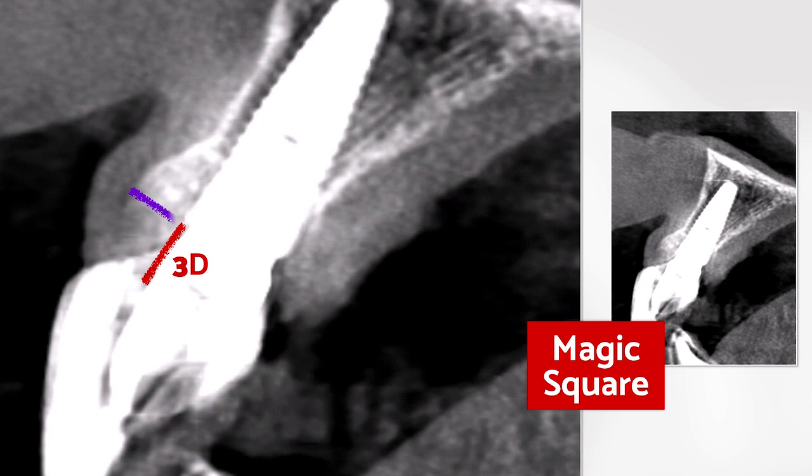The second, the thickness of the new buccal bone wall, is around 3 millimeters. The coronal-apical position of the implant should be 3 millimeters in the apical direction. And the thickness of the soft tissue must be equal to or more than 3 millimeters. So we have a square, but the main number of this square is 3.